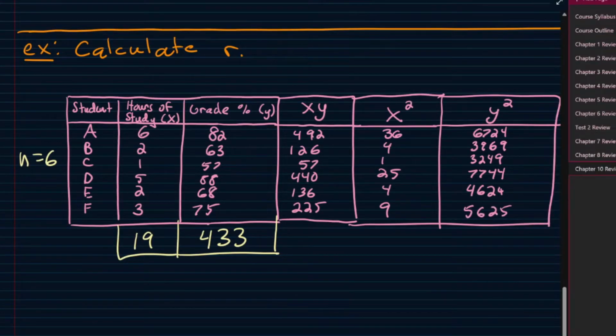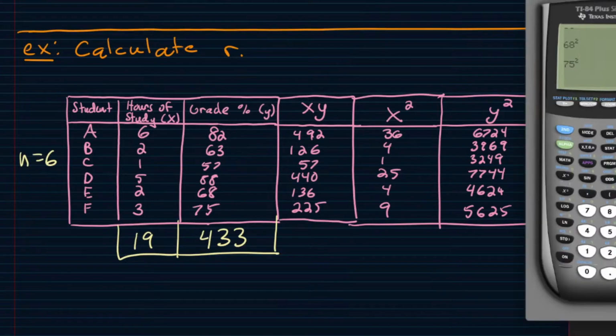And now we can get all these summations. So for the sum of all the xy's, I do 492 plus 126 plus 57 plus 440 plus 136 plus 225. This gives me 1476.